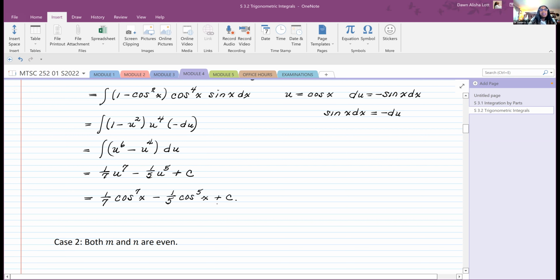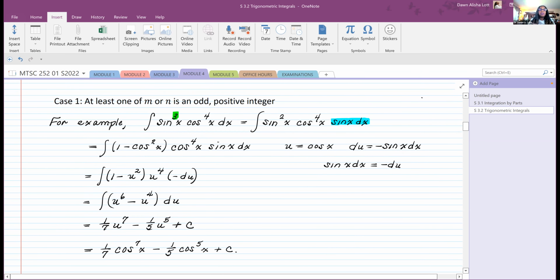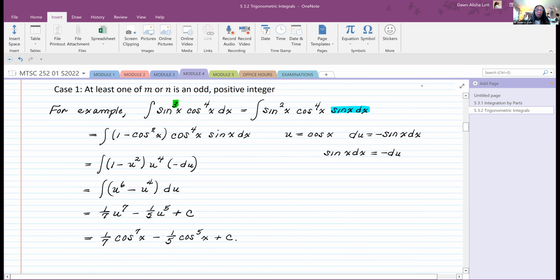Okay, so the odd case I think is the easier case because, remember, you pull one off and throw the rest away. If I pull off a sine, I have to get rid of all the other sines in the problem. If I pull off a cosine, I have to get rid of all the other cosines in the problem.